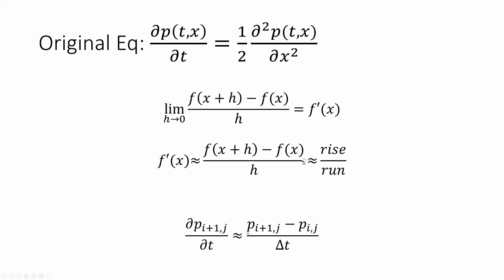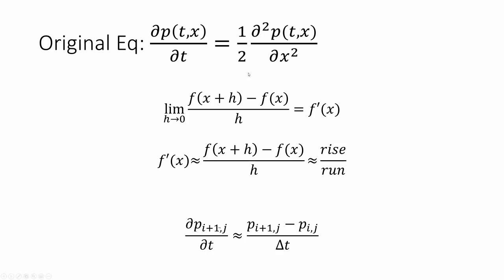So we're approximating the slope 1 point forward in time by getting a very small delta t and taking the difference between the 2 function values. Now, if you'll notice, the one that I wrote down here actually already describes the left-hand side of our equation. So that part's already done.